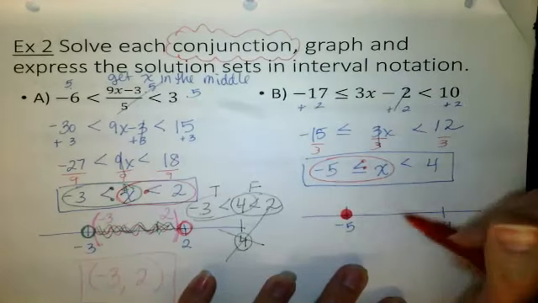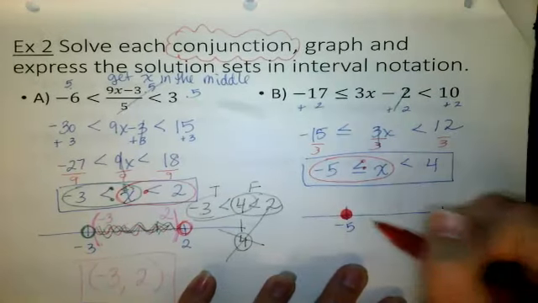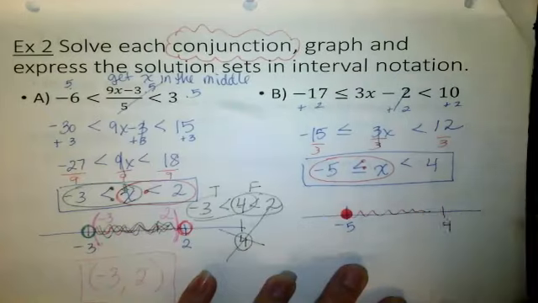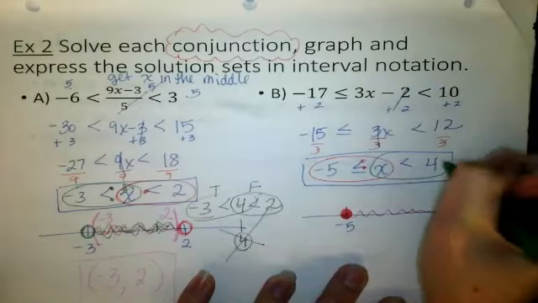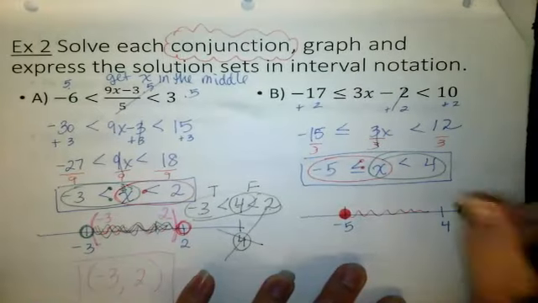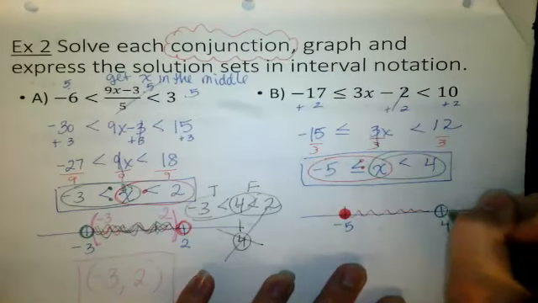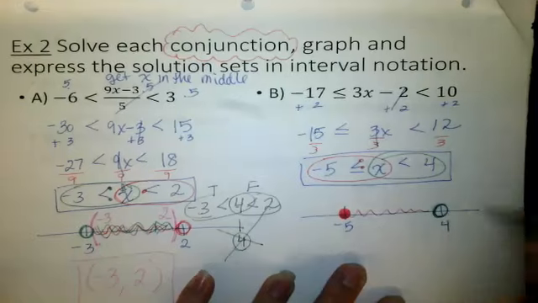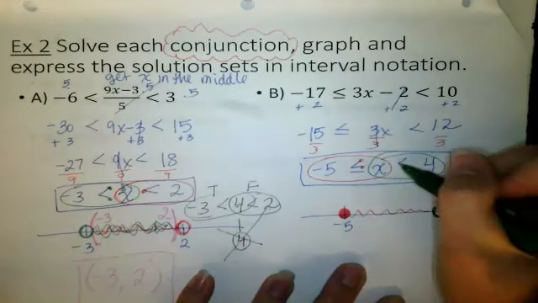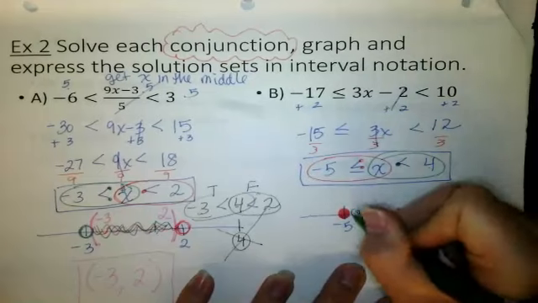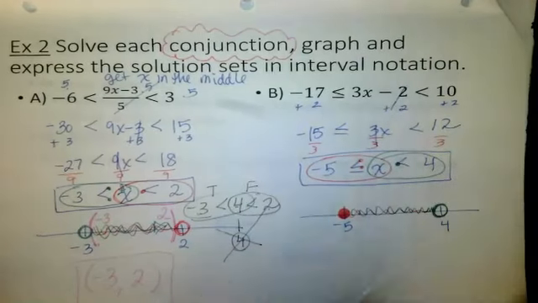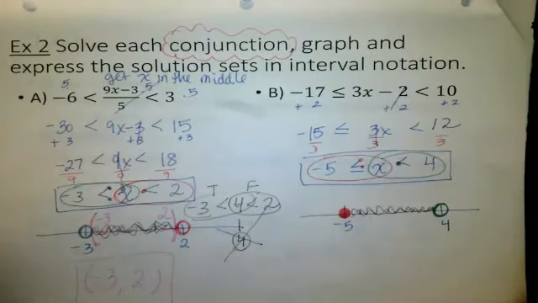And which direction should I shade? To the right. And then over here, open or closed circle at 4? Open circle. And we want numbers less than 4.